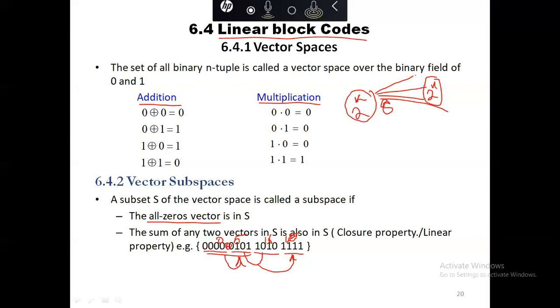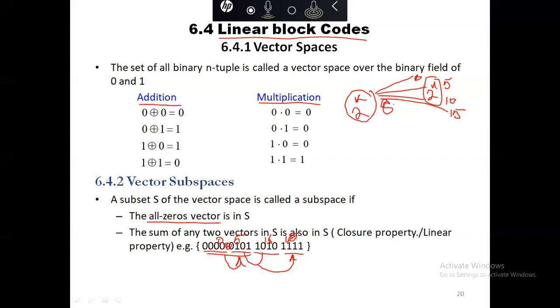So the distance is 0, 5, 10, and 15. So it means that you satisfy at least some distance property here, but that is not the rule which is always satisfied.